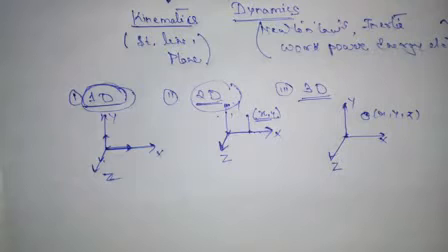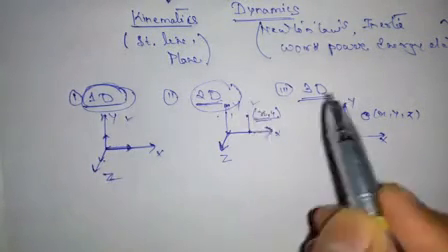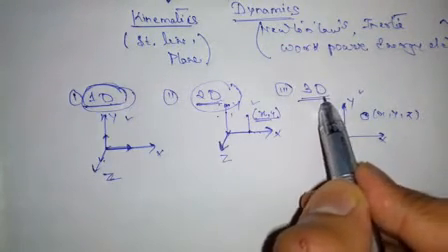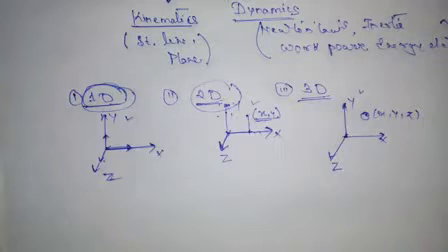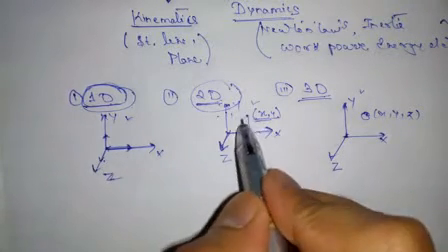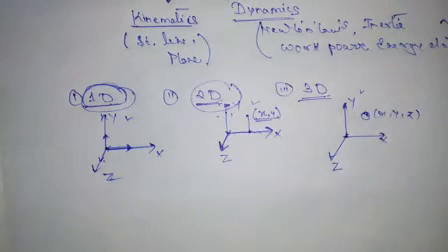Clear? Next, as you can see in all the above examples, first dimension, second dimension, third dimension, I have never mentioned the size and dimension of the object, right? I have just said an object moved along the axis, or an object moved along the plane, or an object moved along the space.